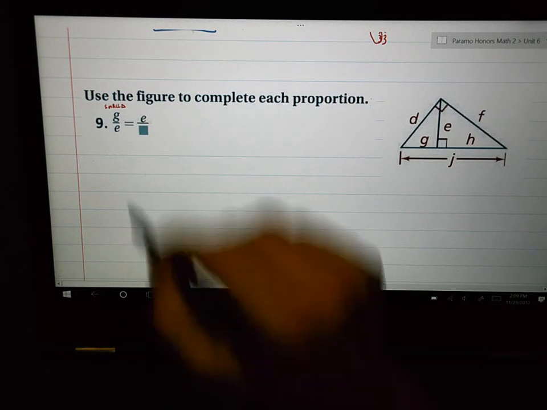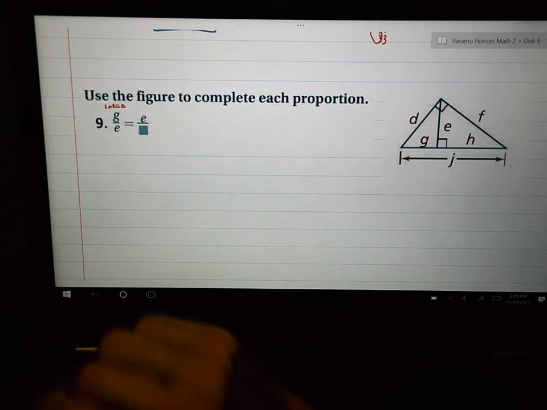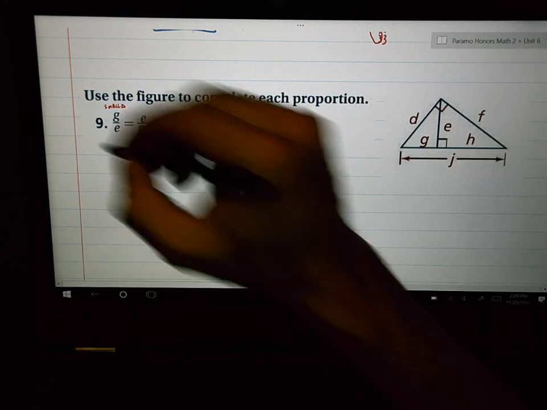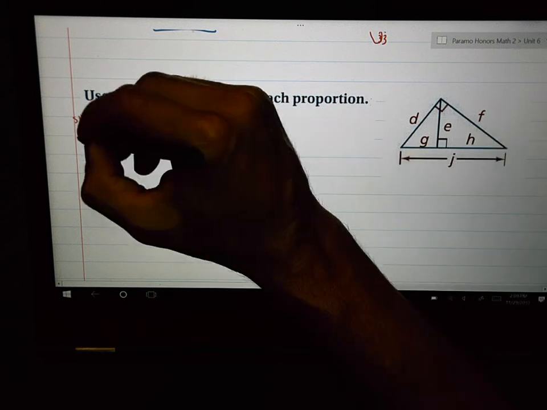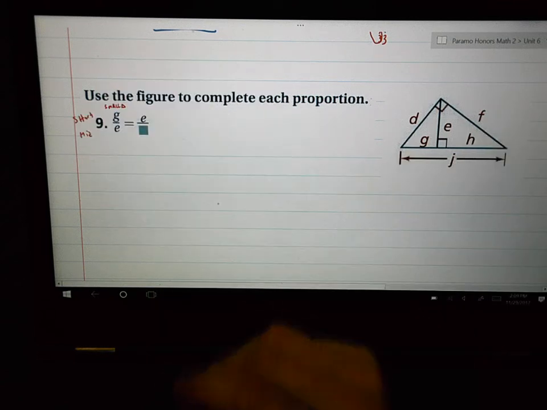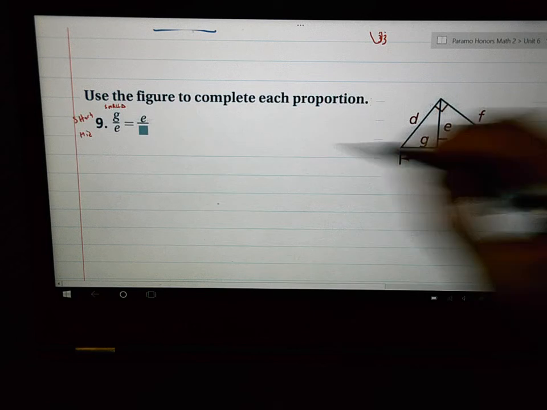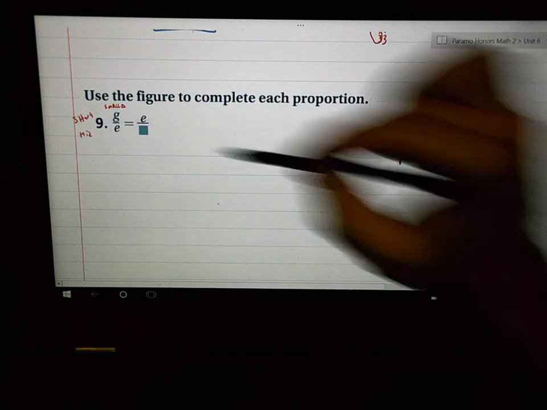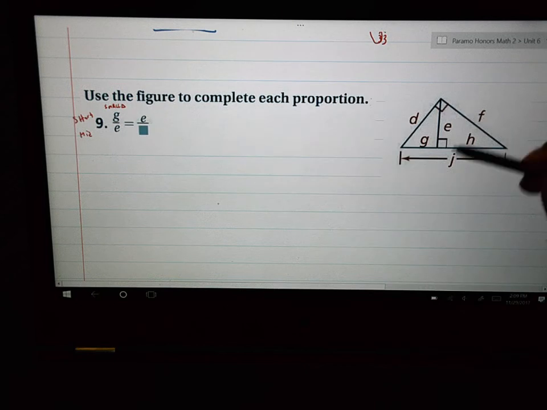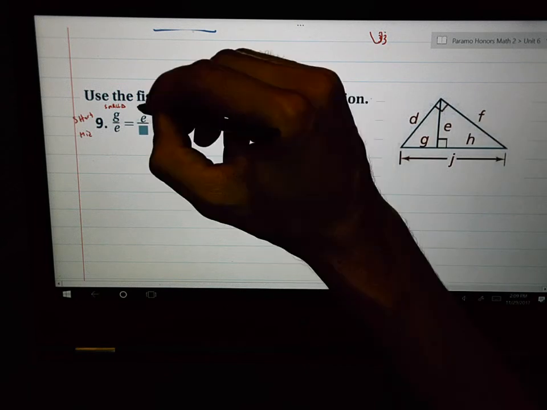So if this is a small triangle, I have G over E, and I want to say G is the short side, and E is the middle side. Then what I need to do is figure out E is the short one of which one. It has to match up with the shortest one of this middle triangle.